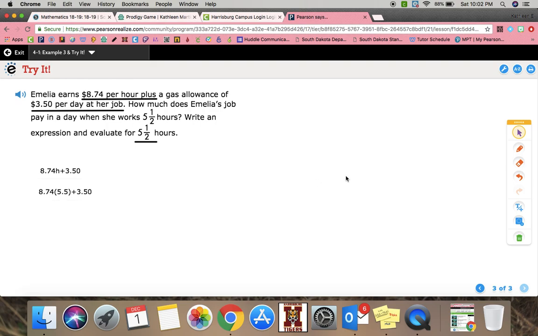So that's step 2. Step 3 is to actually go in there and multiply. 8.74 times 5.5 is 48.07, plus 3.50. Don't try to do too many steps at once, or you might make a silly mistake. So last step is to add that 3.5 to that 48.07, and it is 51.57.